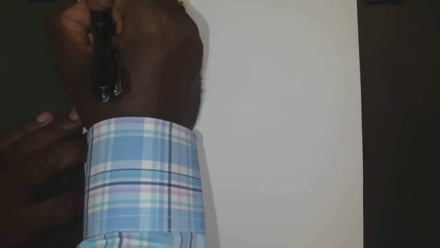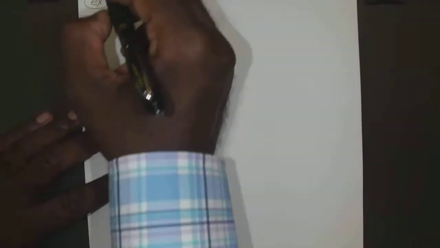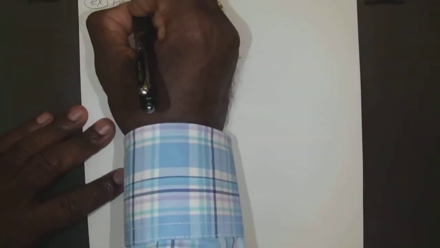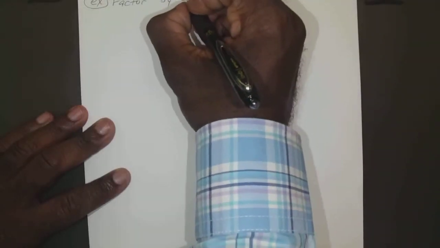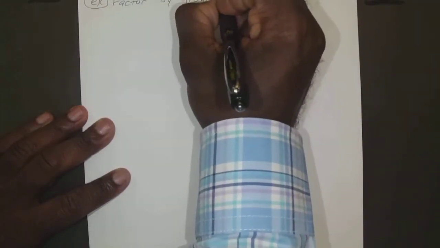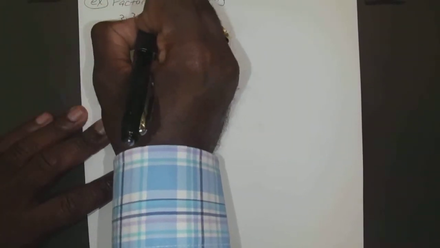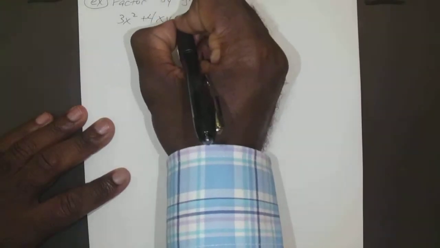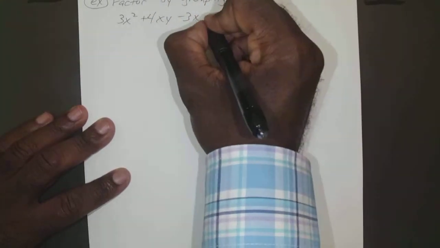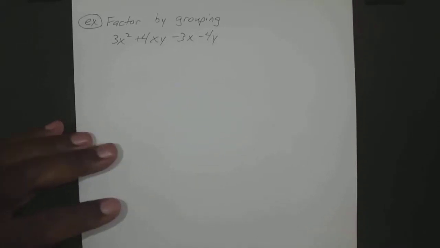Okay, so let's say, for example, we wanted to factor by grouping 3x squared plus 4xy minus 3x minus 4y.